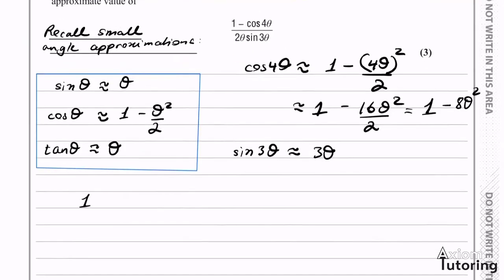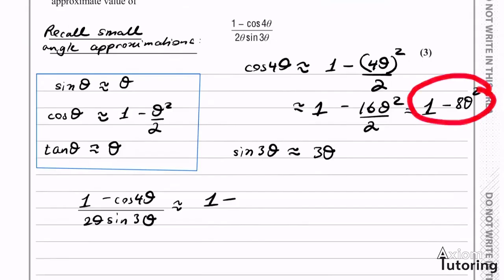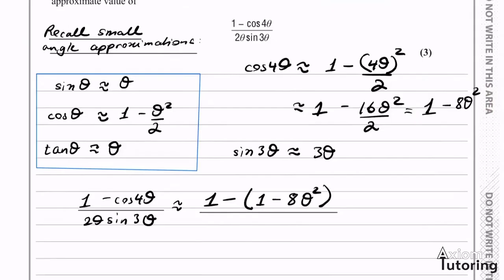So 1 minus cos of 4 theta over 2 theta sine 3 theta becomes 1 minus, in brackets, 1 minus 8 theta squared, all over 2 theta times sine of 3 theta, which we approximated to 3 theta, in the denominator.